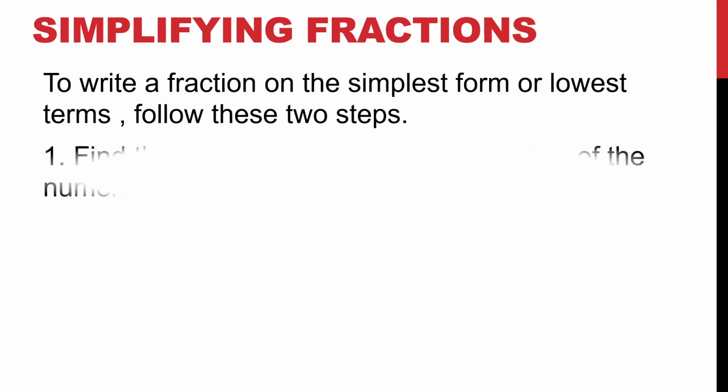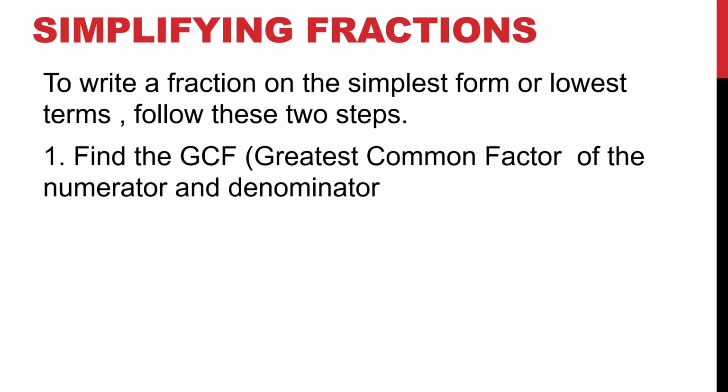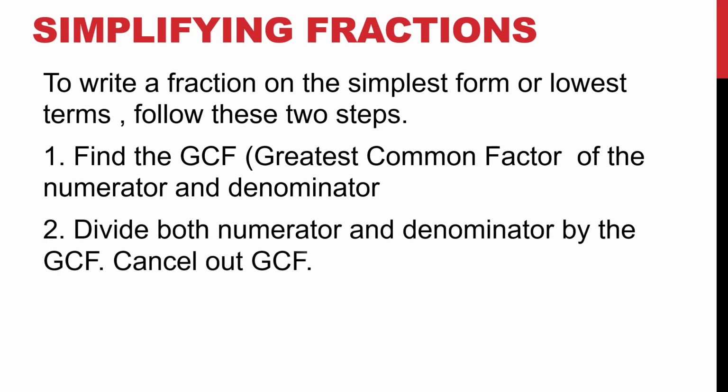The first step is to find the greatest common factor of the numerator and the denominator. After that, divide the numerator and denominator by the GCF to cancel out the common factor. Let's do that over here. Example, what is the GCF of 12 and 18?